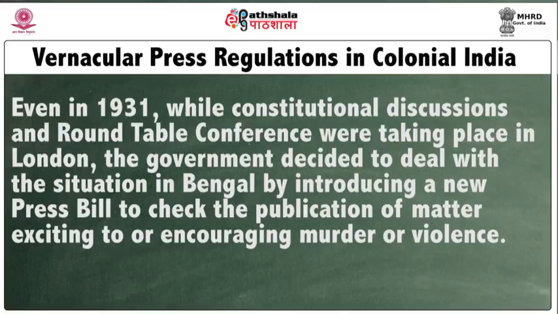Even in 1931, while constitutional discussions and roundtable conferences were taking place in London, the government decided to deal with the situation in Bengal by introducing a new press bill to check the publication of matter exciting to or encouraging murder or violence.